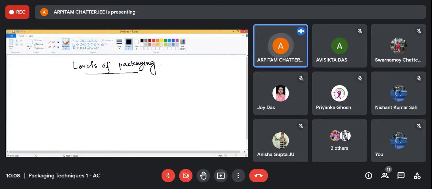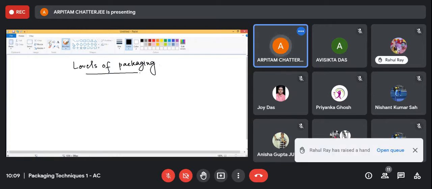For example, if you buy a cough syrup, can you tell me what you see in terms of packaging?